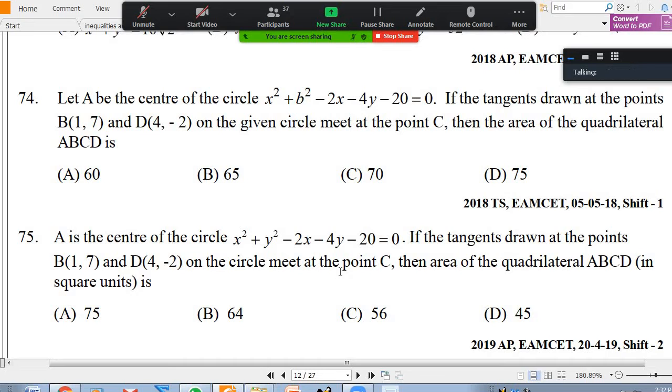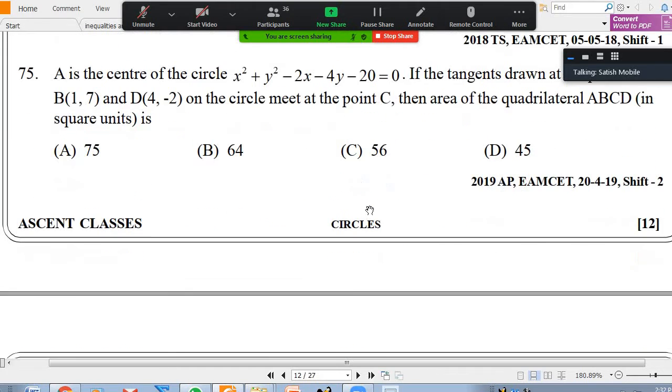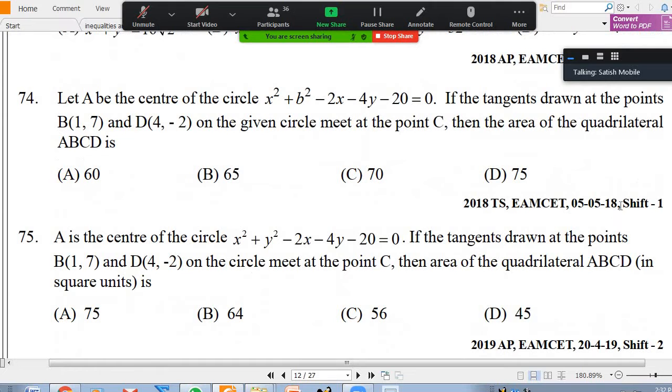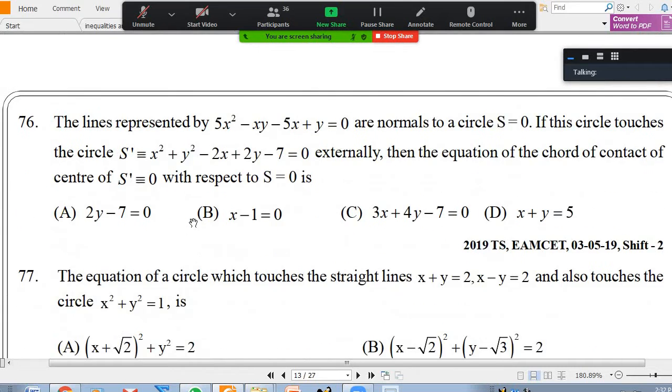Anybody any doubt? Okay. 75. Any doubt? 75 same question, almost same. It also has y square. One is given 2018, one is given 2019, the same points. Okay. 76.